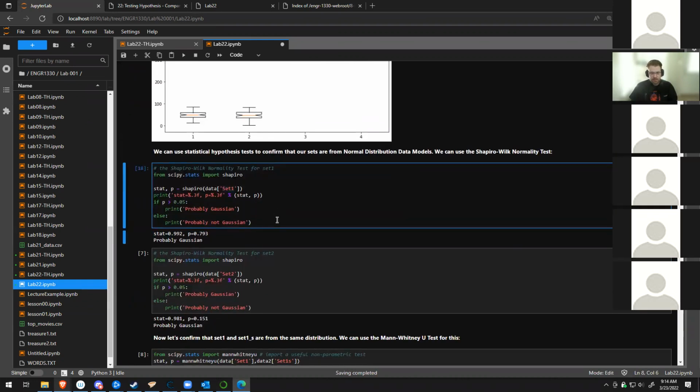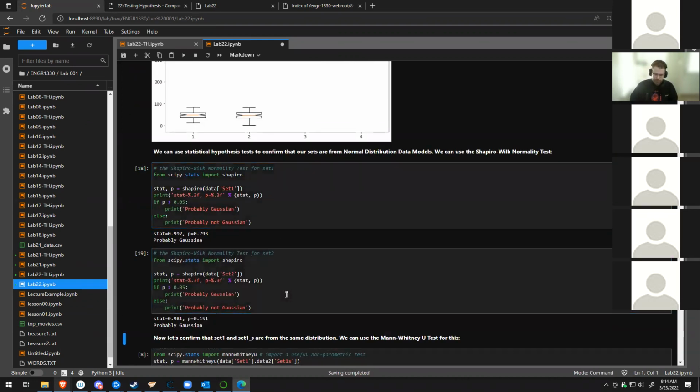So set one and set two are probably Gaussian with a confidence of 99% here and 98% here. It's not super important that you understand the specifics of what a confidence is. We'll get to that in a bit, but suffice to say, the intuitive understanding of 99% confident is good enough.